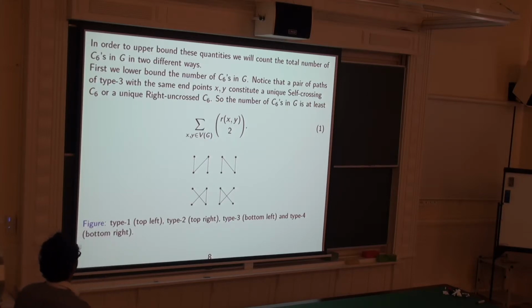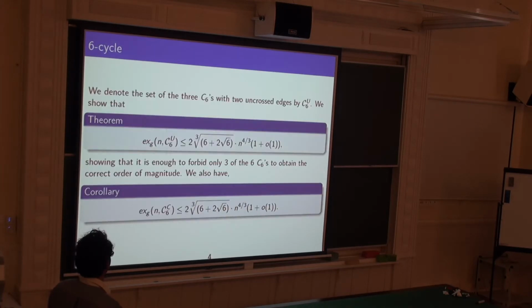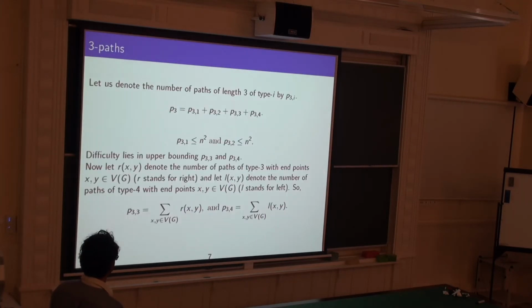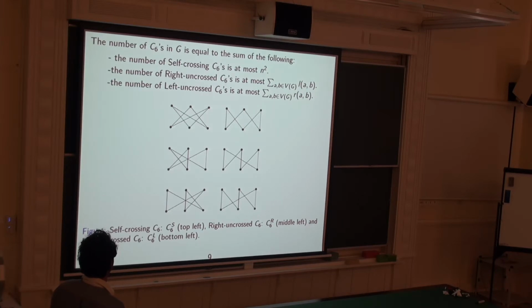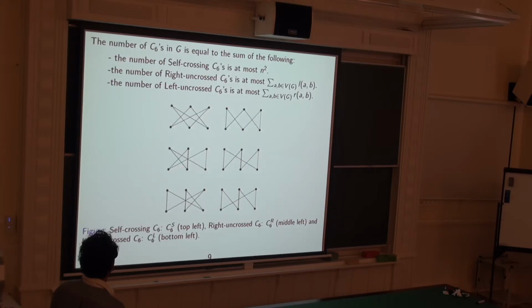Notice that any 2 paths of this type with the same endpoints either create a C6. Okay, I have to show it. Yes. So any two paths of this type with the same endpoints, they either create a C6 of this type or a C6 of this type.